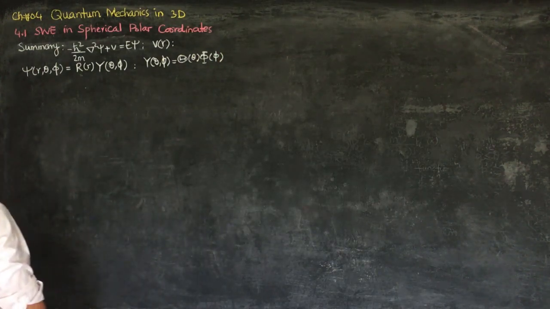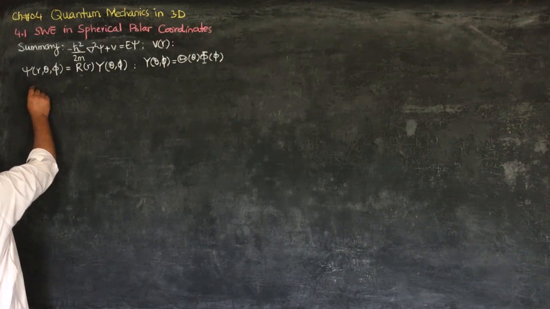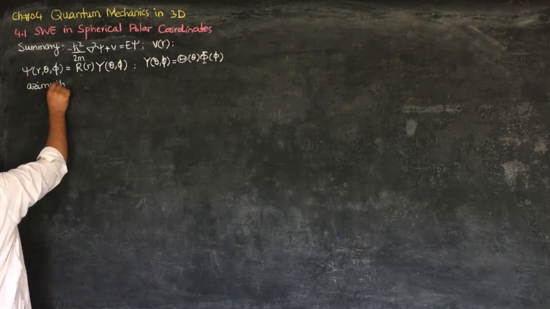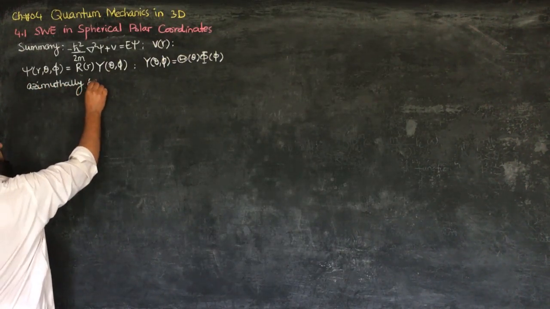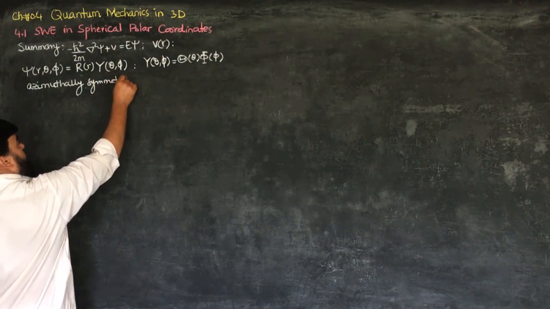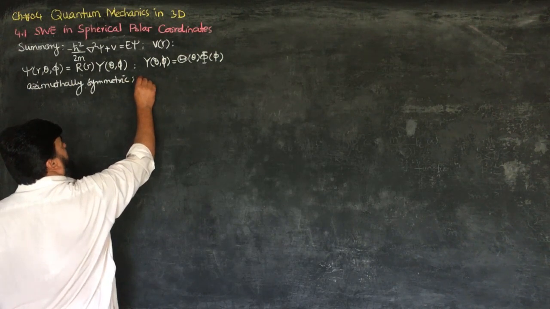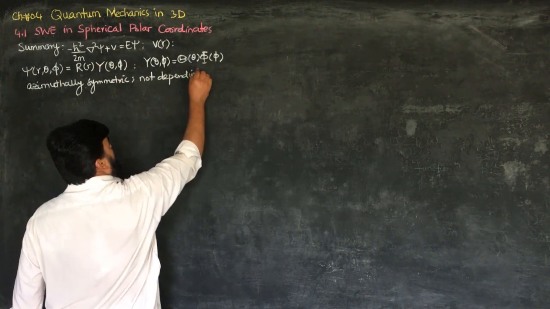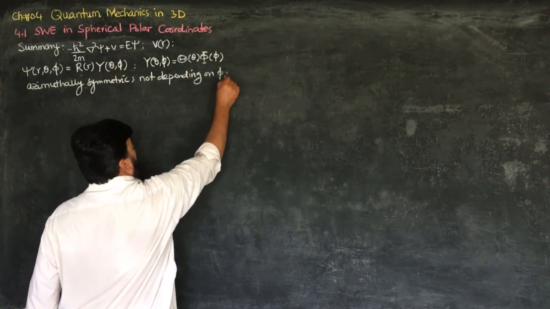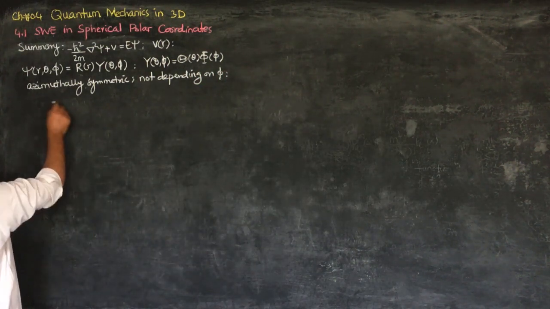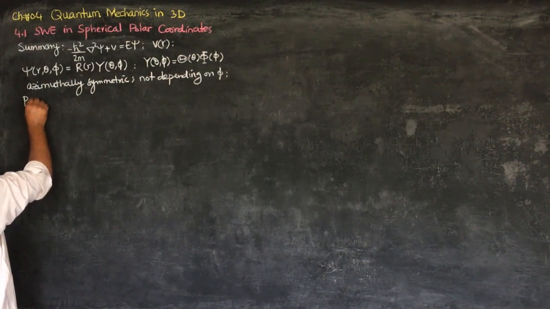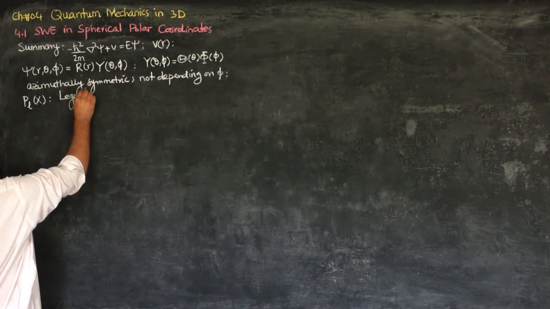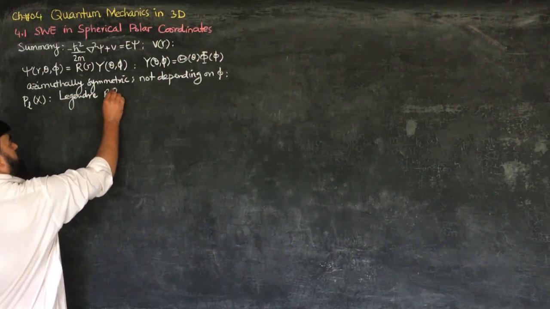And when we considered the azimuthally symmetric wave function, which means the wave function is not depending on φ, not changing with the value of φ, then we got the solution in terms of the Legendre polynomials.